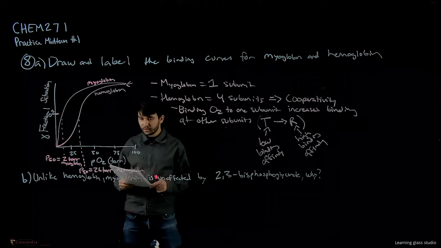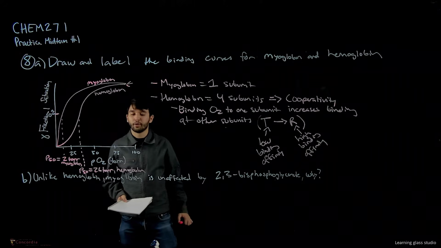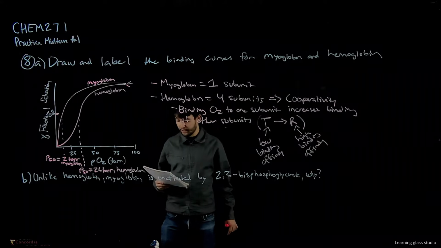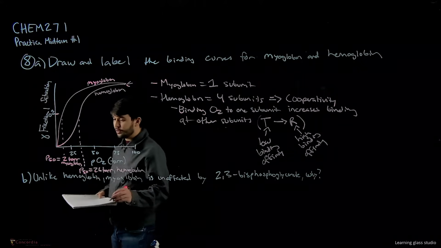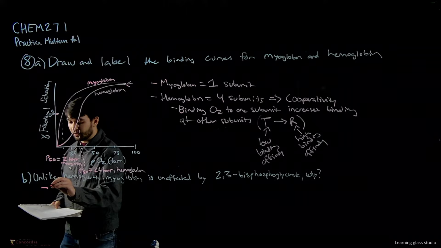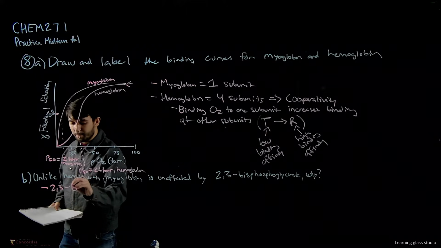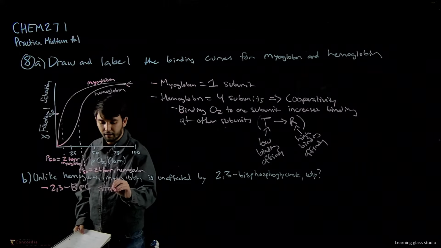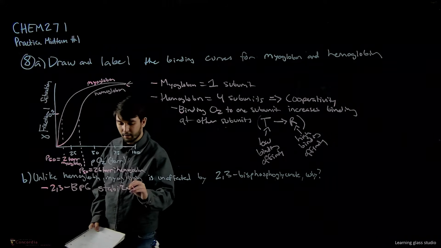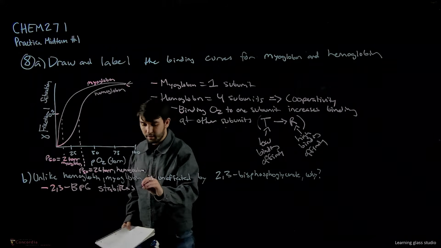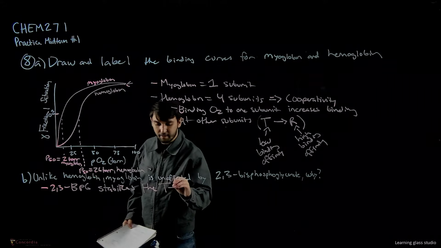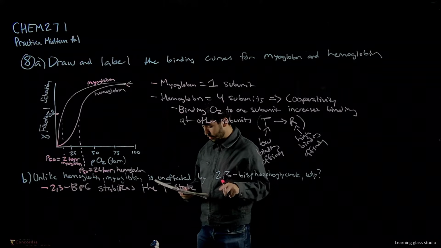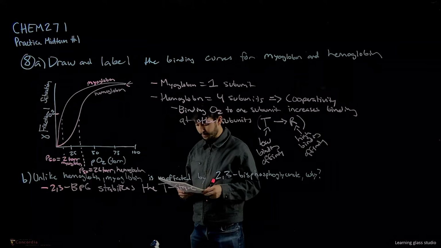Okay? So the next question, unlike hemoglobin, myoglobin is unaffected by 2,3-bisphosphoglycerate. Why? So we have to know what 2,3-bisphosphoglycerate does. 2,3-BPG stabilizes the T state. So this is, remember, low binding affinity, okay?